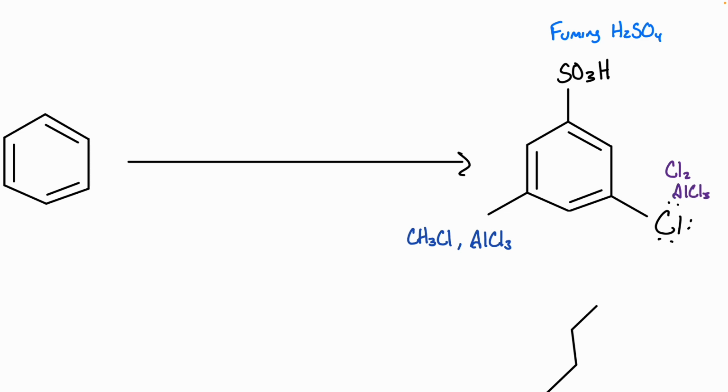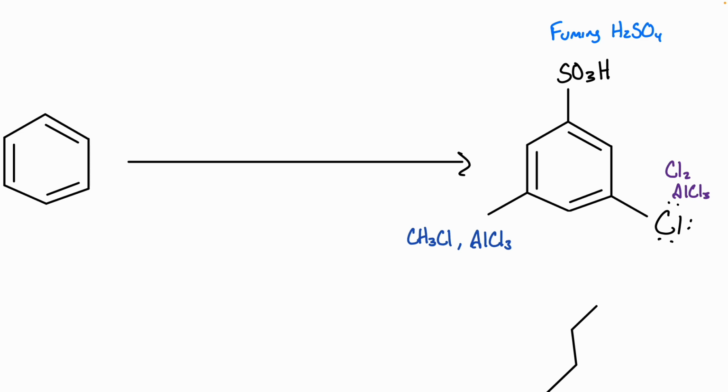Since aluminum chloride is a catalyst for so many of these electrophilic aromatic substitution reactions, you'll see me use that one a bunch. It's both the catalyst in our Friedel-Crafts and our halogenation reactions, but again, you can use the iron(III) chloride as well, FeCl3.